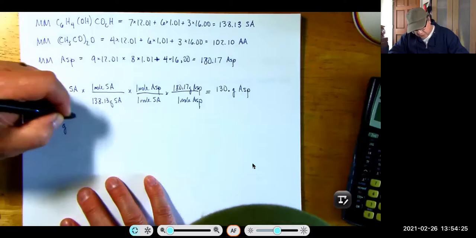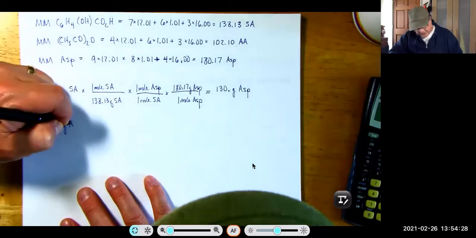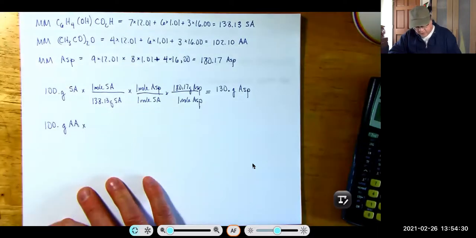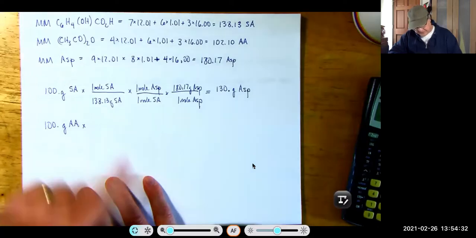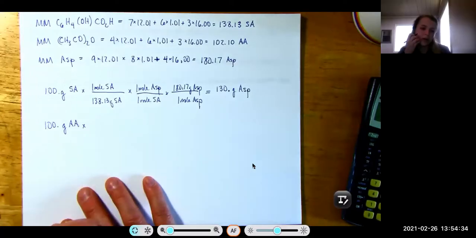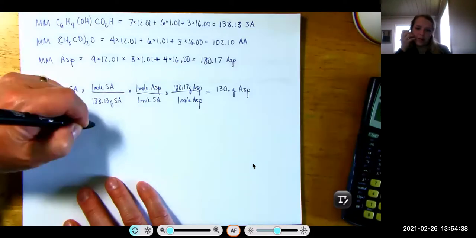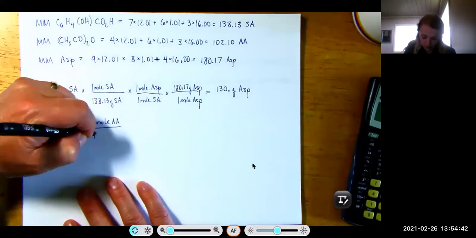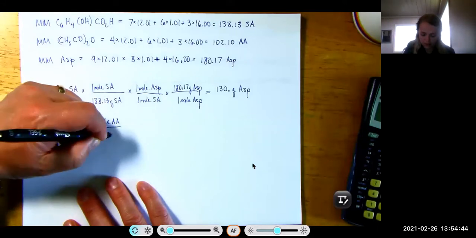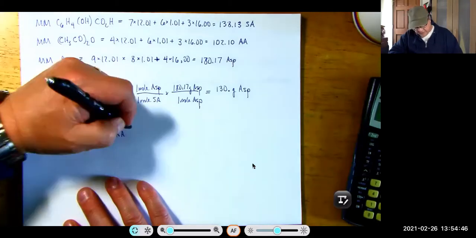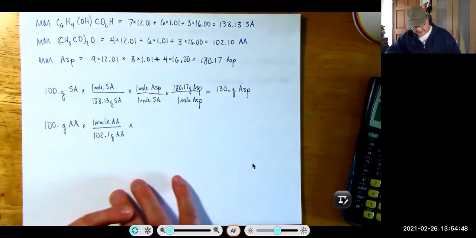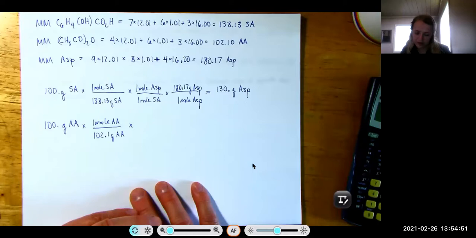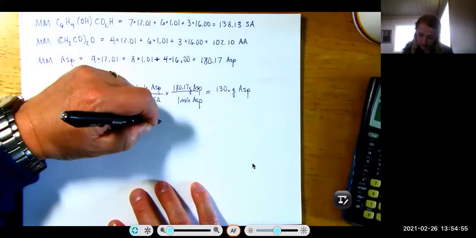So now let's start with 100 grams of acetic anhydride. What are we going to put next here? You're going to put 1 mole of acetic anhydride over the molar mass, which is 102.1. That's right. And what are we going to put next? It's going to be a mole of aspirin over a mole of acetic anhydride. That's right.